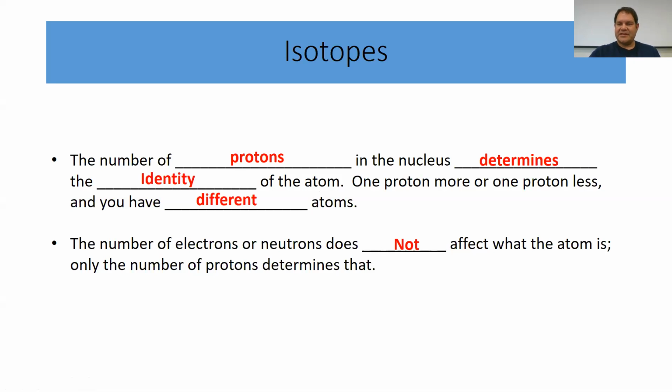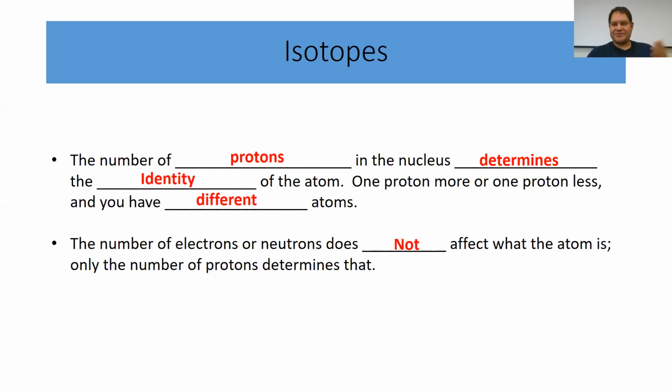Well, each atom, as we've talked about before, each element, has a particular name. Hydrogen is hydrogen, oxygen is oxygen, carbon is carbon. But really what determines the element, and the reason why we identify an element as being carbon or hydrogen, is because of the number of protons in the nucleus of those particular atoms.